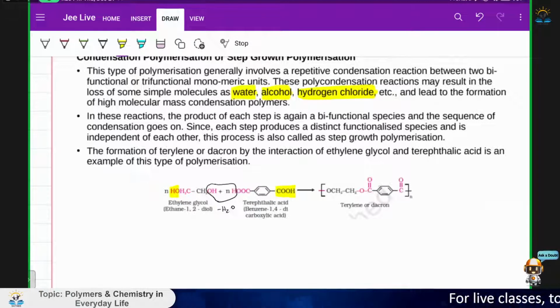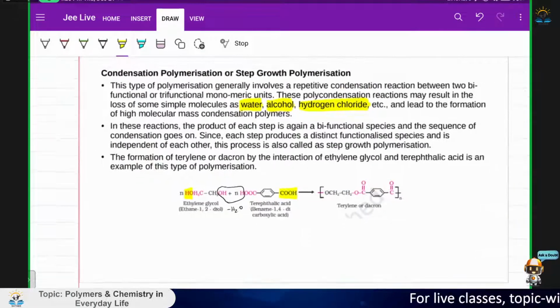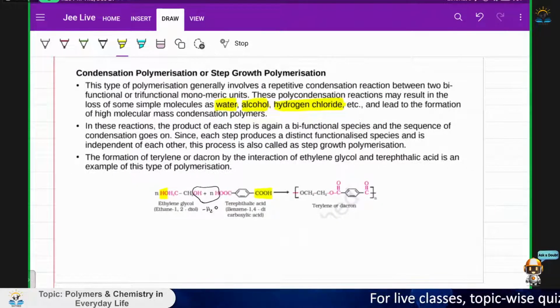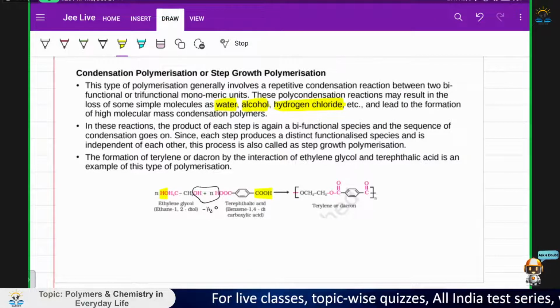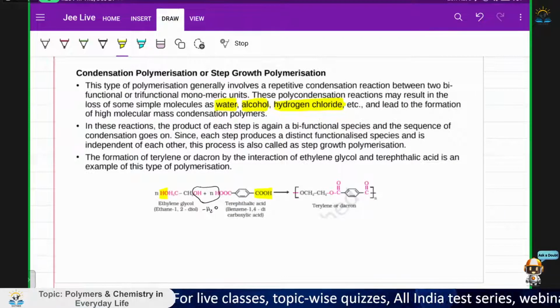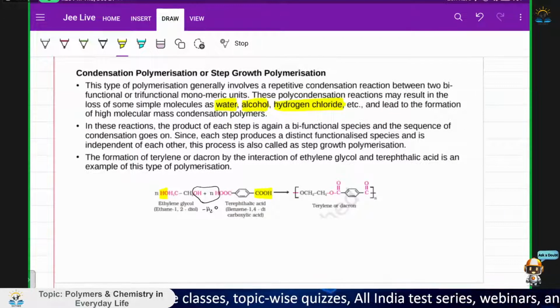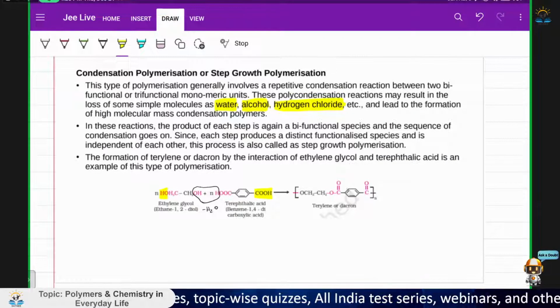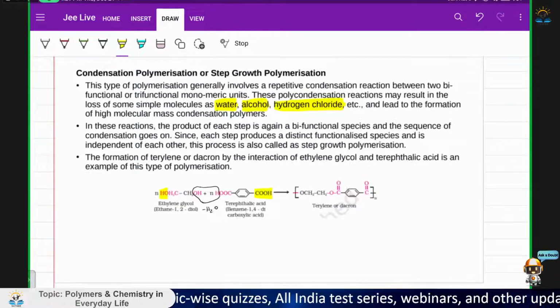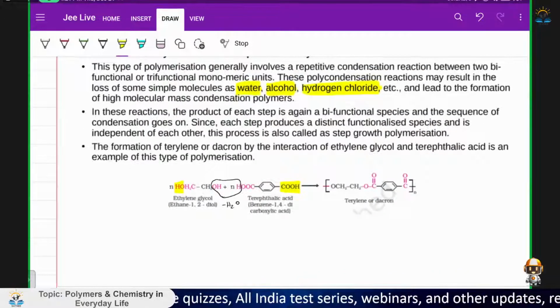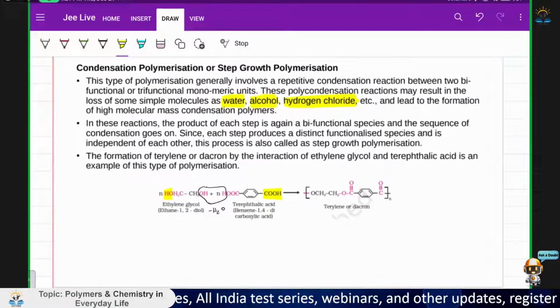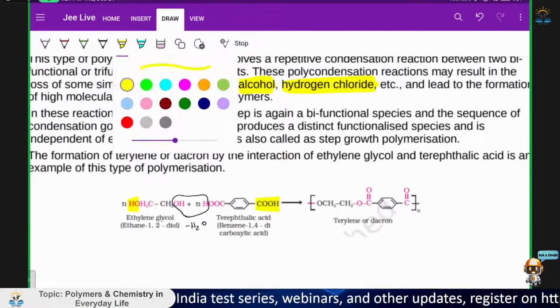Since each step produces a distinct functionalized species and is independent of the others, this process is also called step growth polymerization. Even after combining two monomers, we get a new monomer for combining again and again. So it happens in many steps, and we call it step growth polymerization.